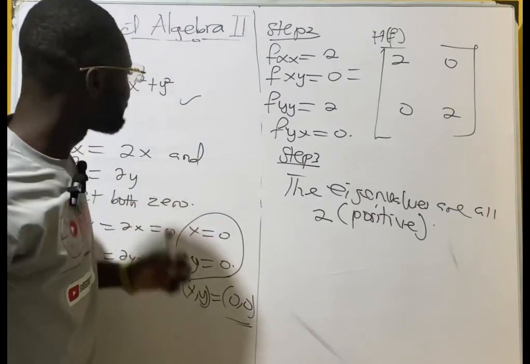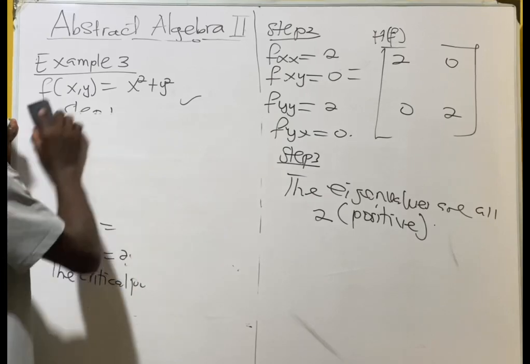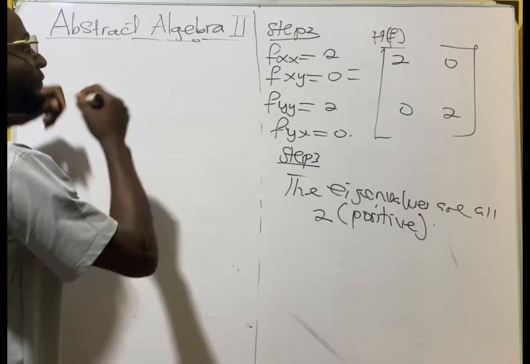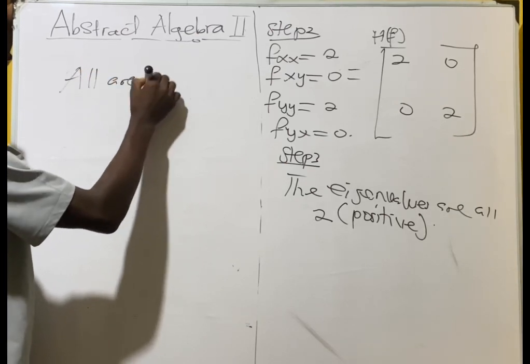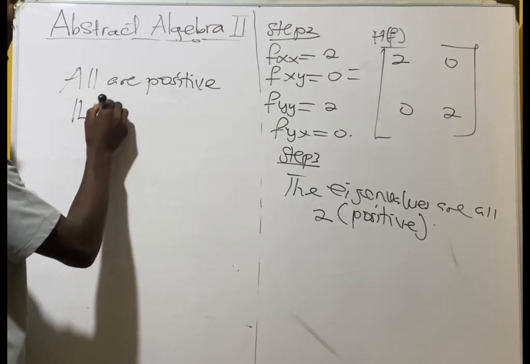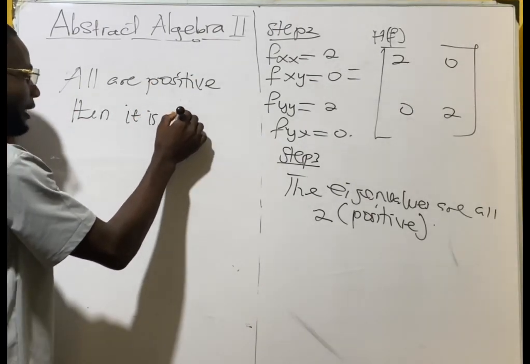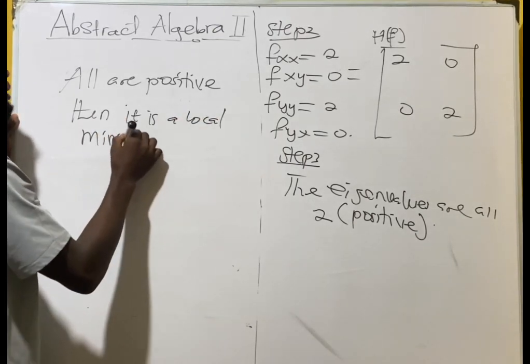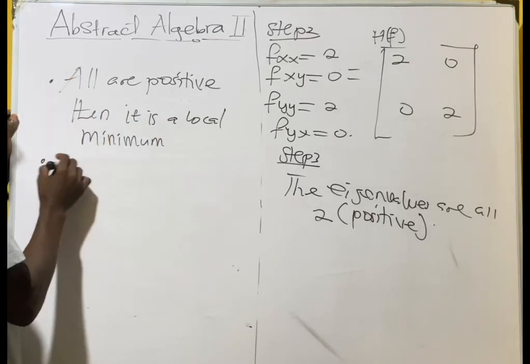Okay, so let me give you these tips. If all are positive, then it is a local minimum. That is 1.